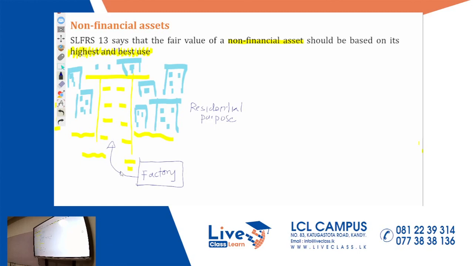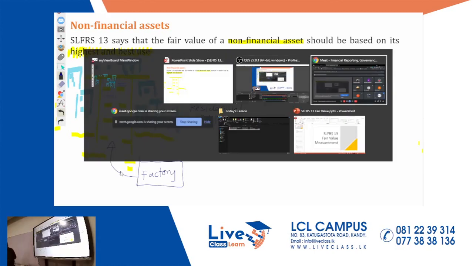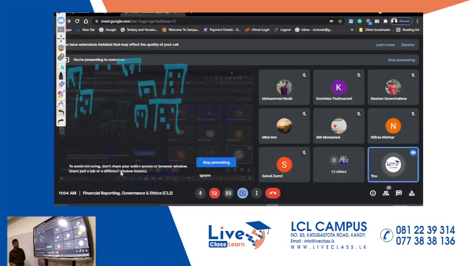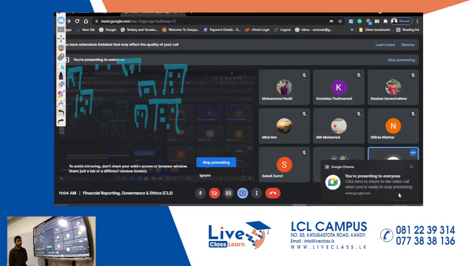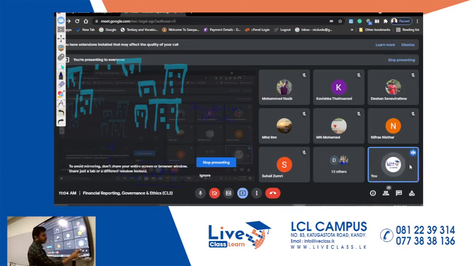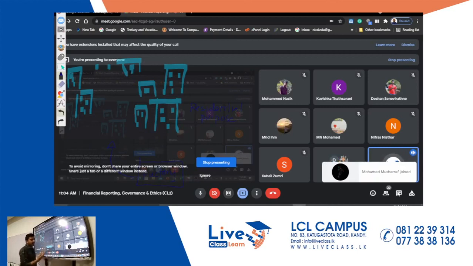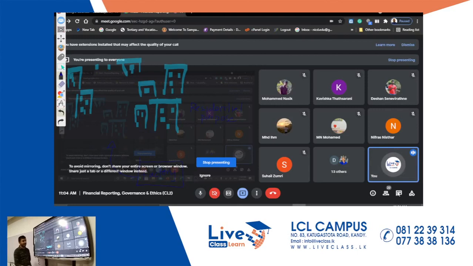What should be the best use of this building? Is it to have a high rise building, or is it to have a factory building? What do you think? What is the most suitable option, or the most suitable benefit that we can get from this building, as you believe?